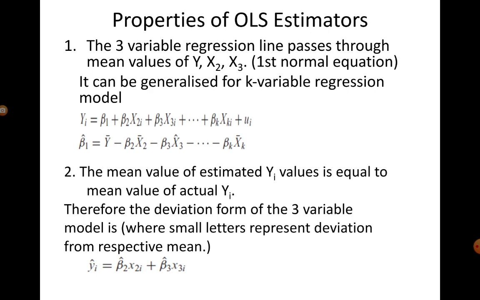A k-variable regression model will be specified as yi equals beta 1 plus beta 2 x2i plus beta 3 x3i, etc., plus beta k xki plus the error term ui.